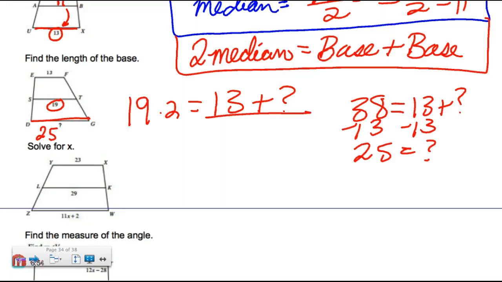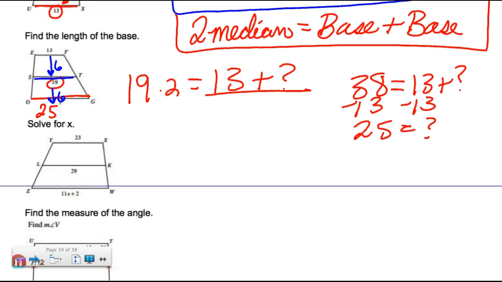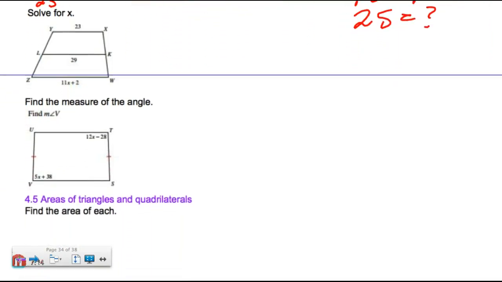Now, although that's how it says to do it, let me give you a little heads up here. Sometimes we can use common sense and it's a lot easier. See how there's a gap of 6 here? Then for that to be the median middle length, if I go 6 more, I would average it out. So sometimes you can use a little common sense, but any of those 3 ways will suffice.